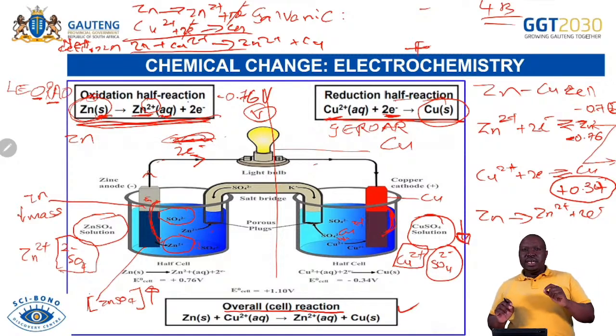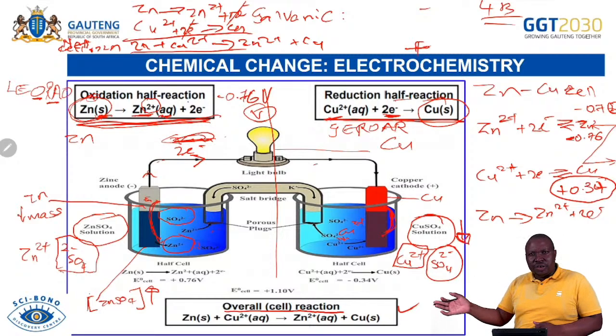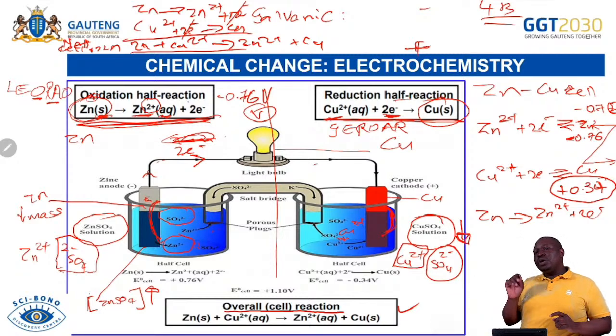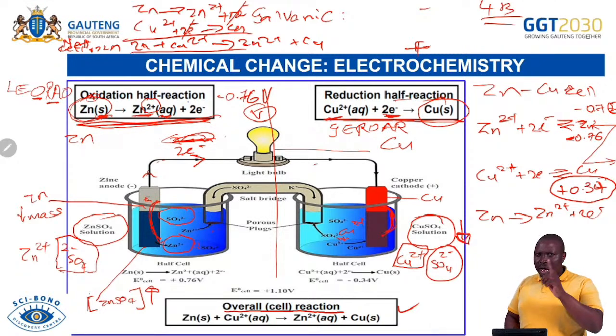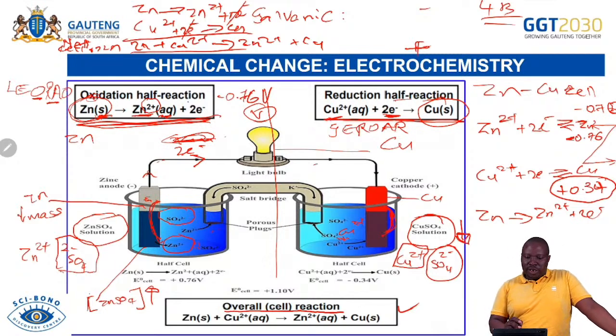Once you say this one has a lower standard reduction potential, it will lose electrons, and then you use only 1 arrow. Hence we say they are half reactions, because you are using 1 arrow, not 2 arrows. Even in your overall, you use 1 arrow when you add the 2. I hope you have understood that.